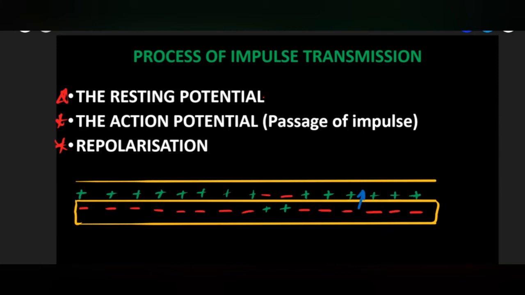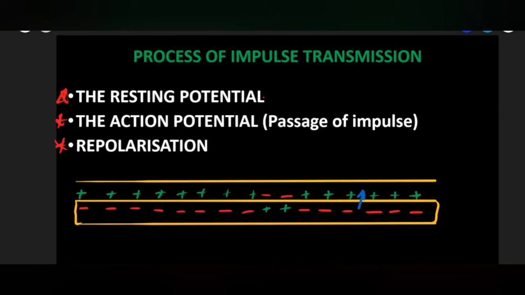Immediately this situation is observed, we say that it is the resting condition or the resting potential. There is complete polarization. The charge of the outside environment and that of the inside environment are in balance.